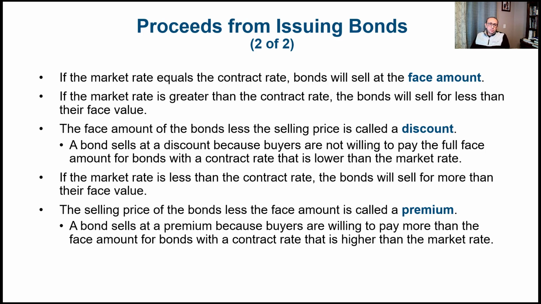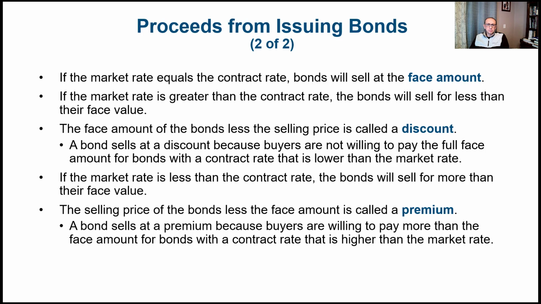If the market rate is greater than the contract rate, then the bond will sell for less than its face value. Why is that? Because if the market is more attractive than the coupon rate, or the rate that's stated on the bond, then people might be reluctant to invest in the company's bonds.